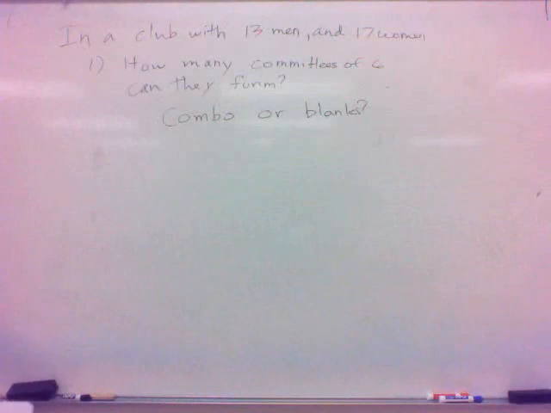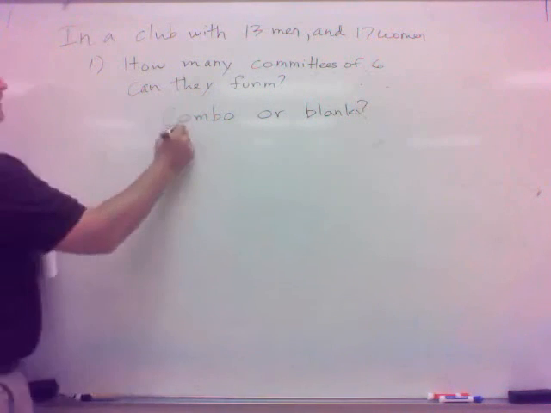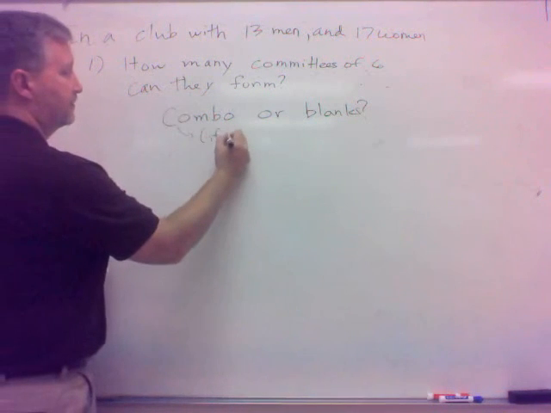If it's blanks, I use blanks, okay? So that's the question you have to ask yourself, is it a combination or blanks? And it boils down to, is it a combination? It's a combination if the order doesn't matter.